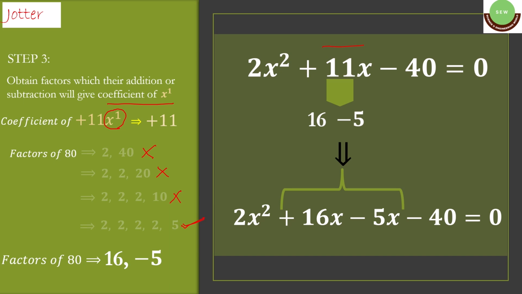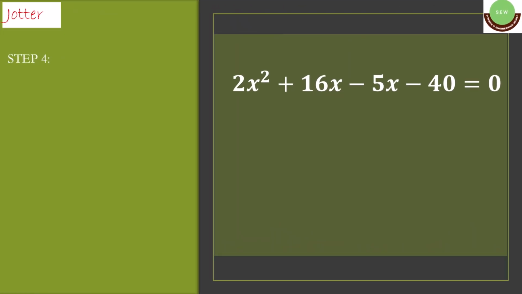With this, we are one step up to be able to factorize this equation completely. Now that we have successfully split the middle term, that is plus 11x, into 2, we need to now factorize the equation.